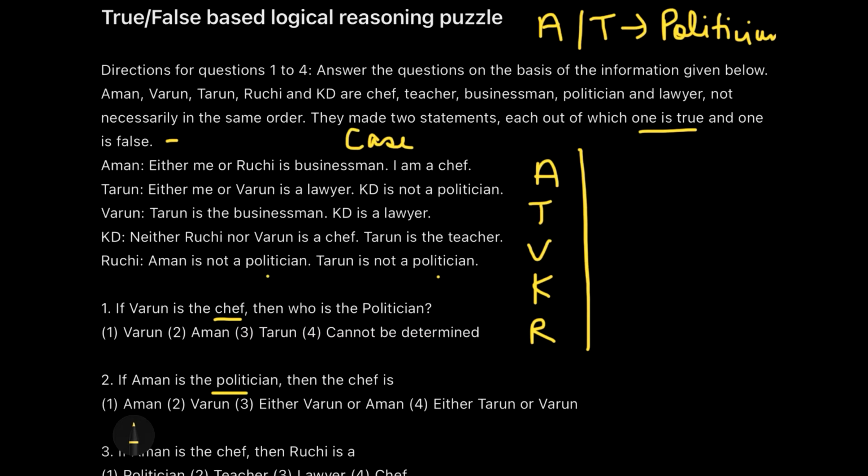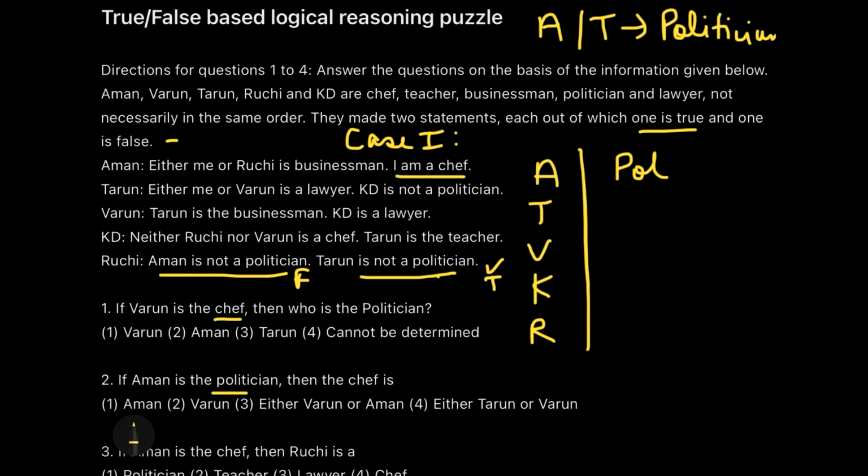I am considering this as case 1, where I am taking Aman as the politician. If I am taking Aman as the politician, that means this statement will be false and this statement will be true. So this is suitable: Aman is not a politician is false and Tarun is not a politician is true. Now, let us move to Aman's statement.